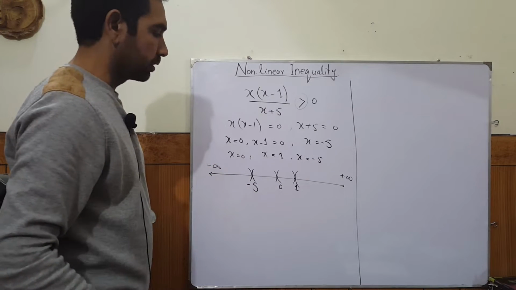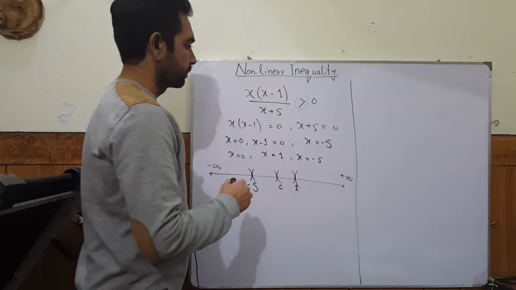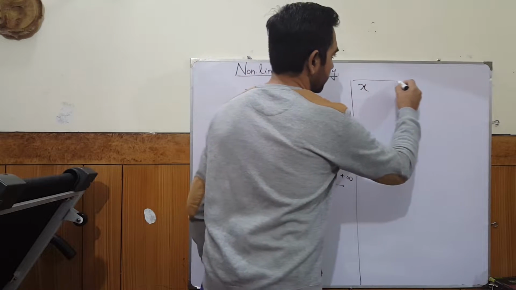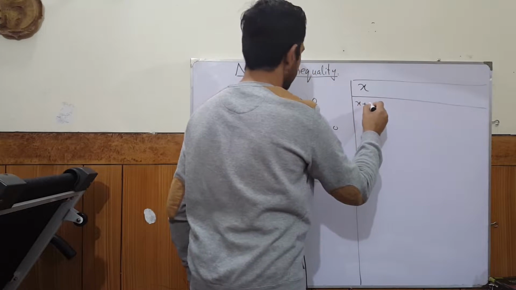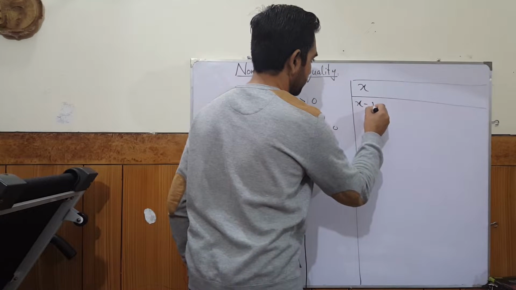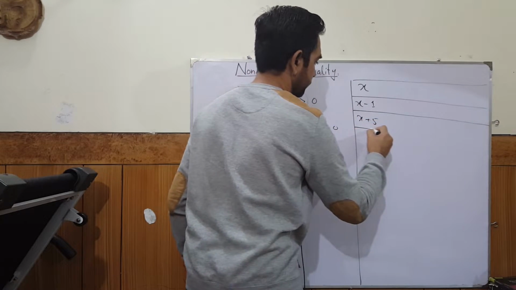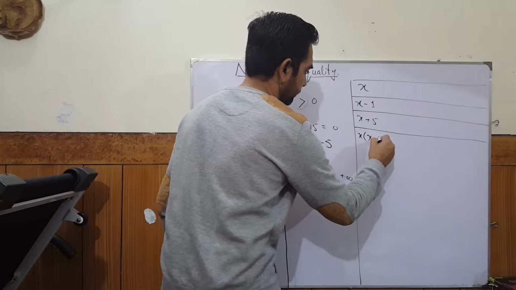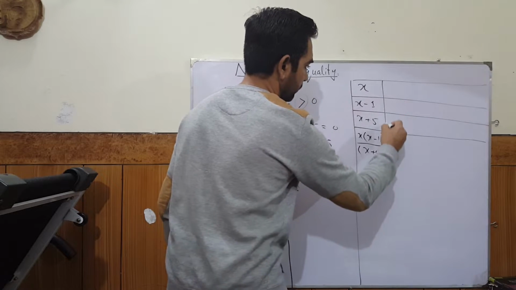So we have to check all these intervals and see in which interval or intervals the solution is satisfied. For that, we take the value x, the x minus 1, and the x plus 5, all three terms, and then finally the inequality term, this one all together.